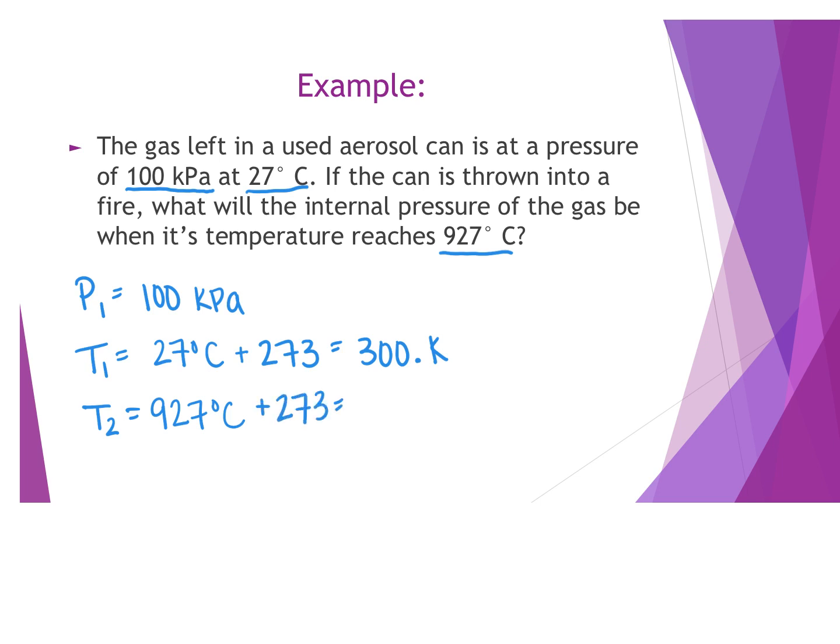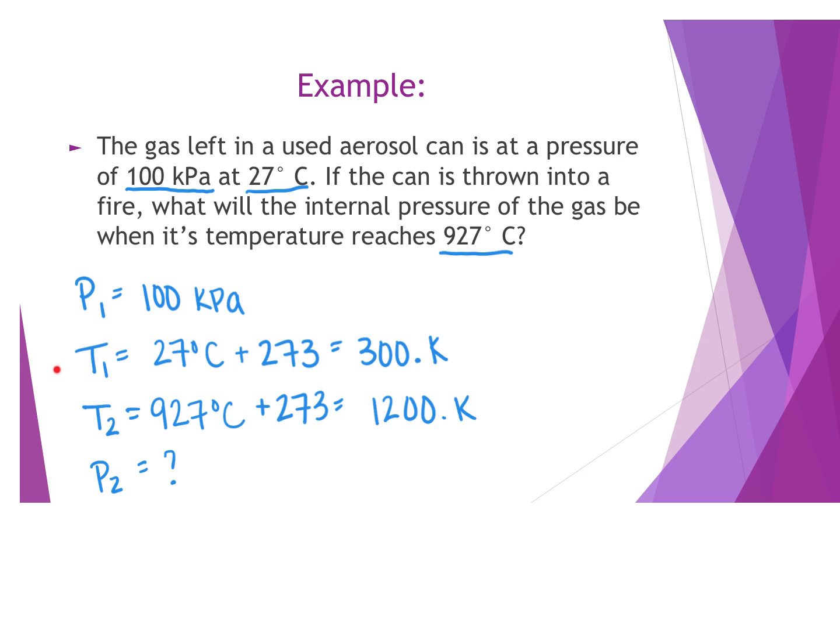So what's 927 plus 273? Are you getting 1200? All right, and then finally, what are you solving for? Okay, so we're solving for that second pressure. So I'm going to put P2 in the question mark.